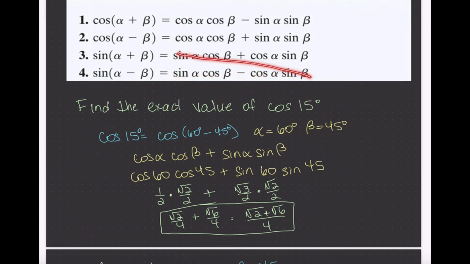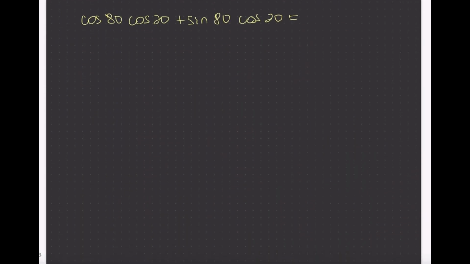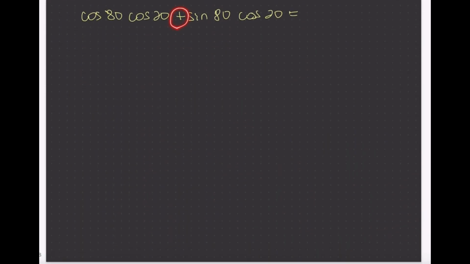Well, I already told you we weren't working on sines today, so we can skip that one. So it's either the sum formula, if you notice how these are the opposite, or it's going to be the difference formula. And this is telling me that it's the difference formula.